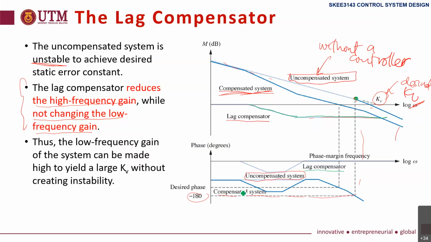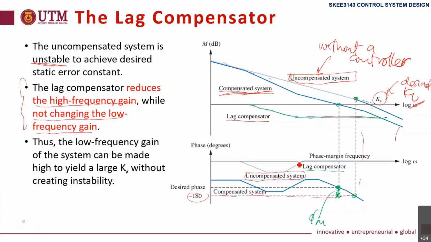Now the compensated system is the blue here. At 180 degrees the system is stable, and we can achieve the desired phase margin. Maybe here is the desired phase margin. We can achieve it, making sure that it crosses 0 dB at this point. That is on the high frequency gain.